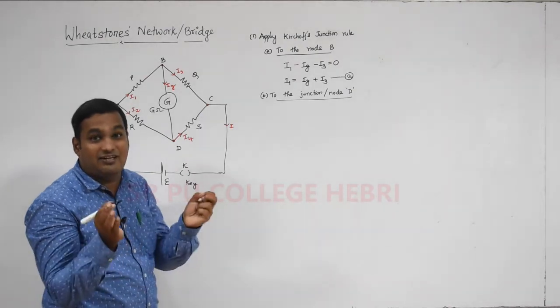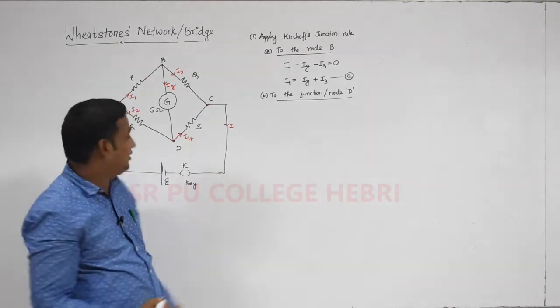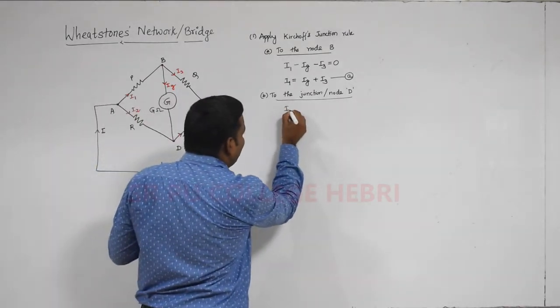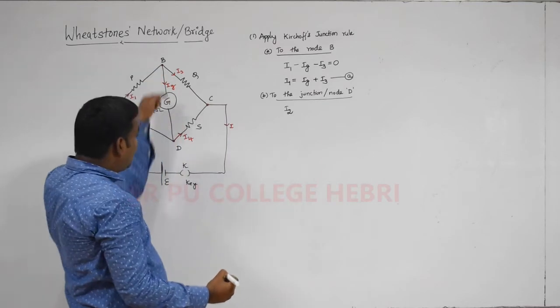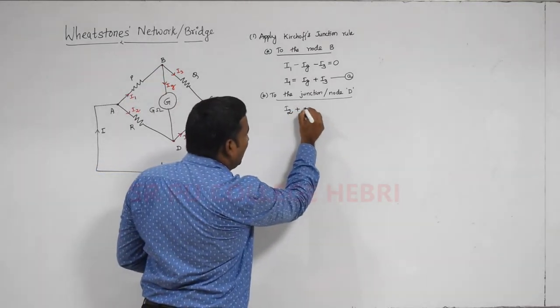Clearly I said entering current you have to take it plus, leaving current you have to take it as minus. Automatically I2 entering, that's why I have to take it as plus I2. IG current entering to the node D, you have to take it as a plus IG.